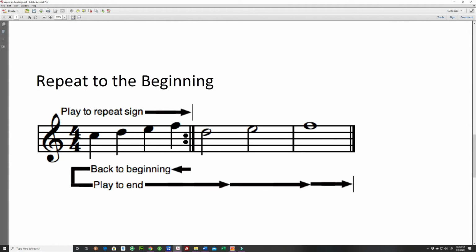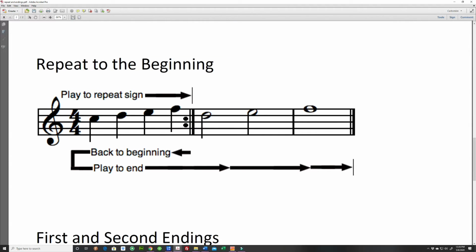Now the next piece, if we look here, sometimes they do something kind of funny to almost trick us. We just need to know what the deal is with it. If you look at this piece, you can see that there's the end of a repeat sign, but there's no beginning. Well, I look at it as there's always an invisible repeat sign at the very beginning of the piece.